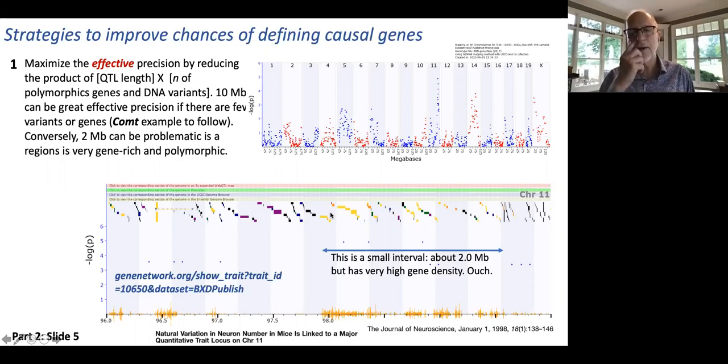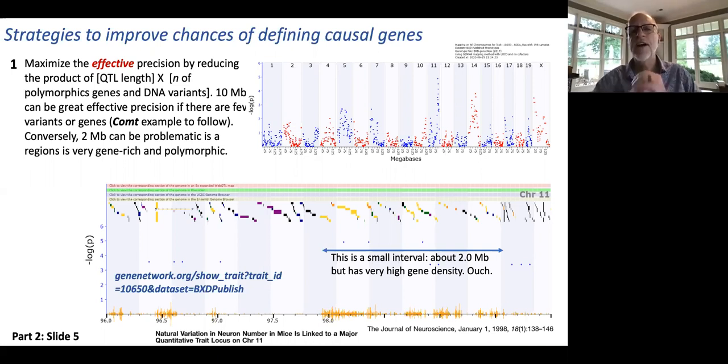But, and here's the killer, there are so many genes. This is essentially a Manhattan of the mouse genome. It's one of the Hox keratin complex clusters. There are 4 of these in most mammals. They're just famously gene dense regions. And if you map a QTL into one of these regions, the response should be, ouch, you've got a lot of work ahead.